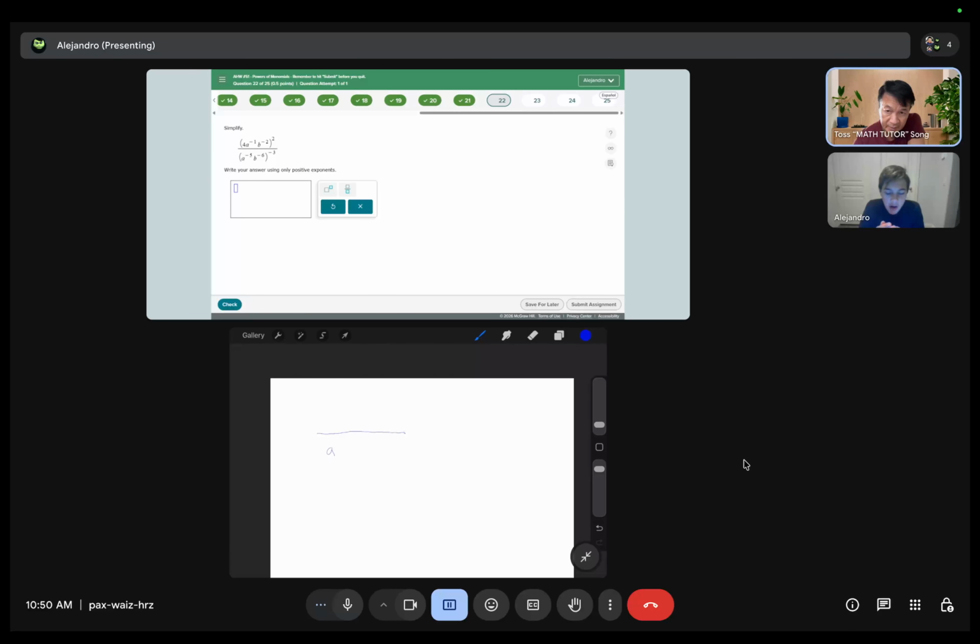It'll become positive 15, positive 18. And the top, it's 4 squared, it would be 16. A, negative 2. B, negative 4. Is that okay so far? Okay.